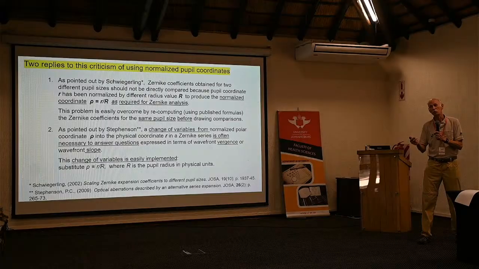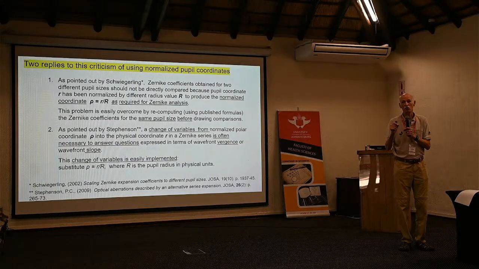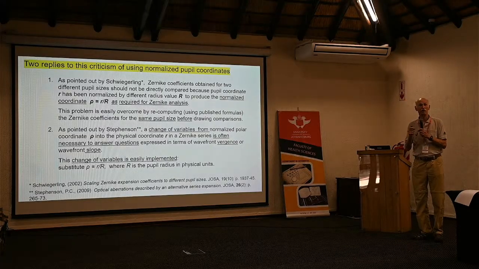And it's because the radial parameter in the Zernike polynomial is a normalized pupil radius. It's not the physical pupil radius. So you can't do that, but that problem is easily overcome.